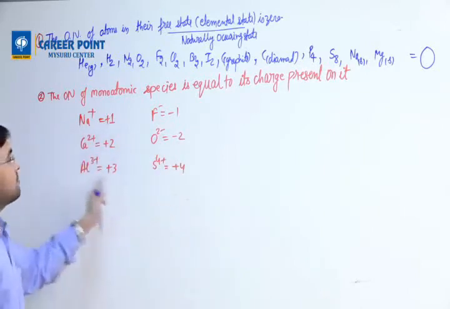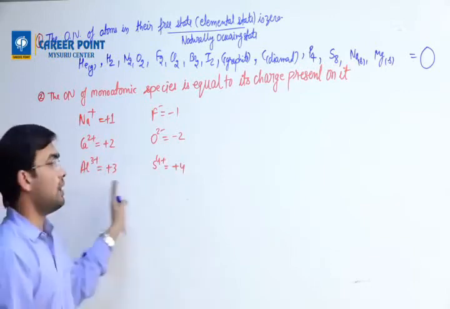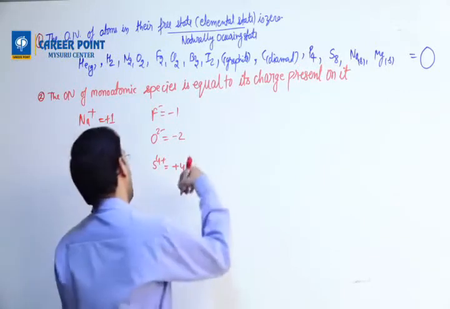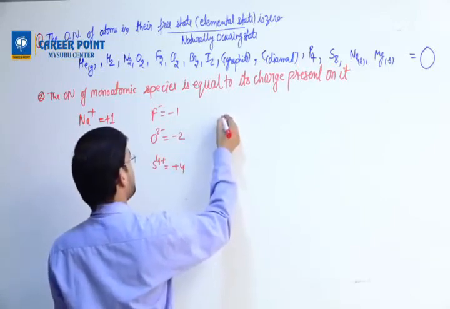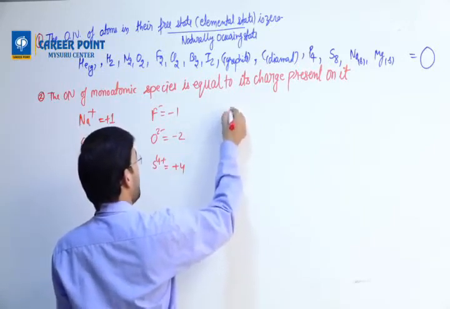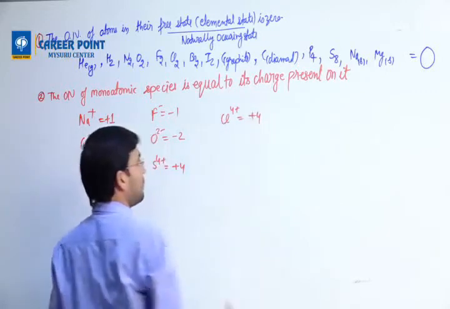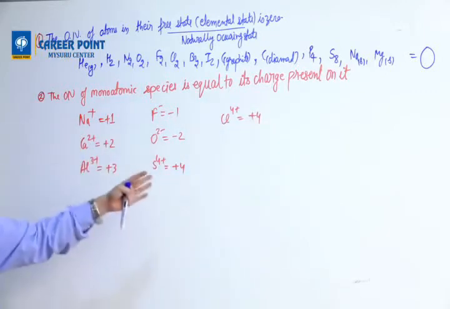These all are monoatomic. I can write some more also, something like Cl4 plus, so +4. These all are monoatomic species.